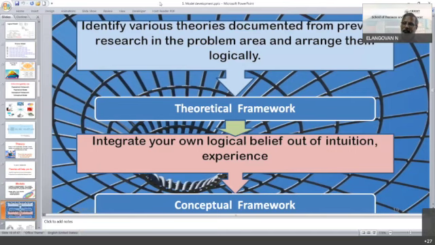A theoretical model is a model of a theory that is already validated. Theory means it is validated. Please understand, theory means it is validated. So in research, we start from a validated theory and end with a validated theory.